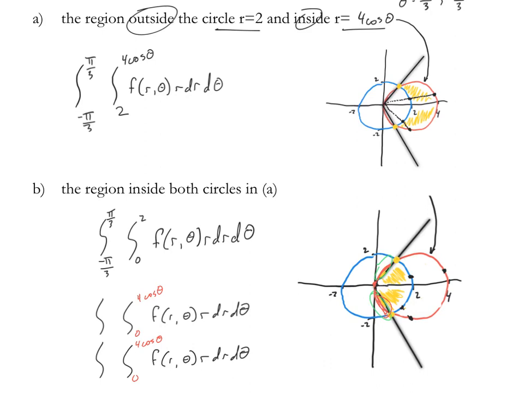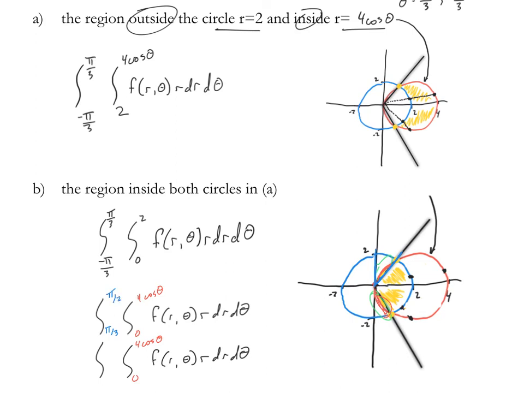Now the theta bounds, and this is the most challenging part to grasp, I think. The theta bounds start at our pi over 3 line. My picture's getting pretty messy here. So my bottom theta bound is pi over 3, and my theta bounds go up to pi over 2.